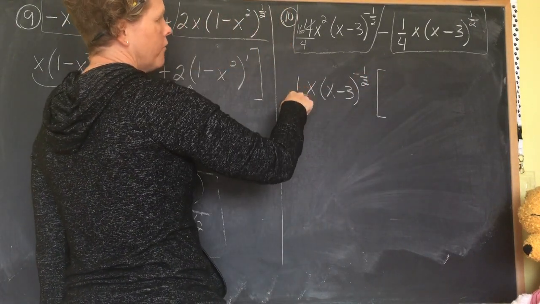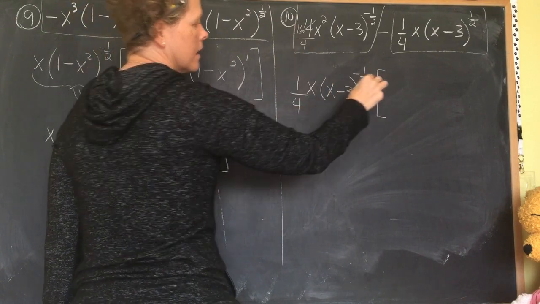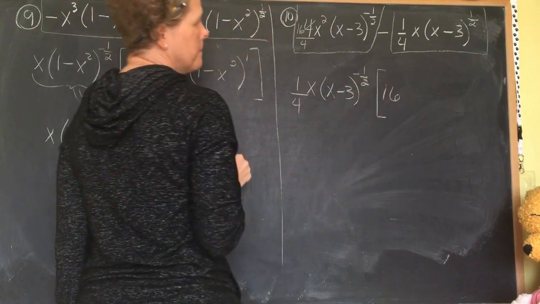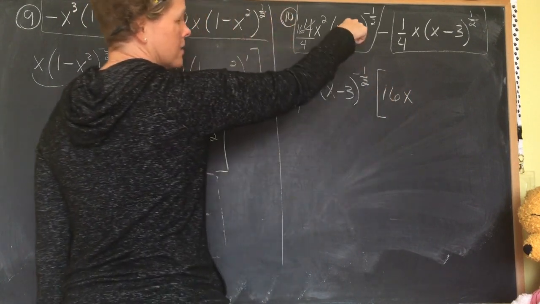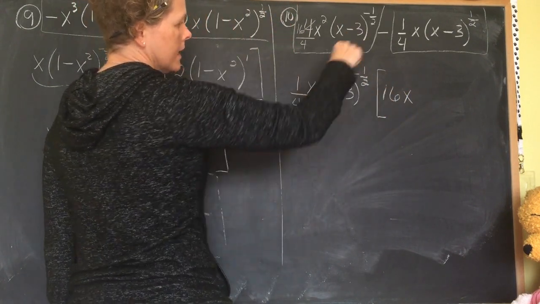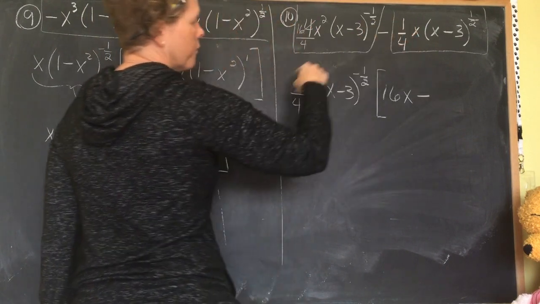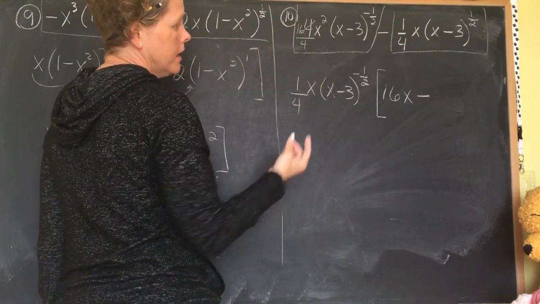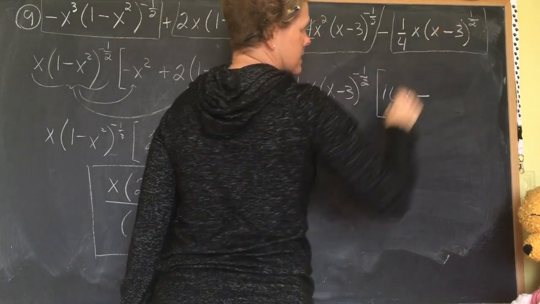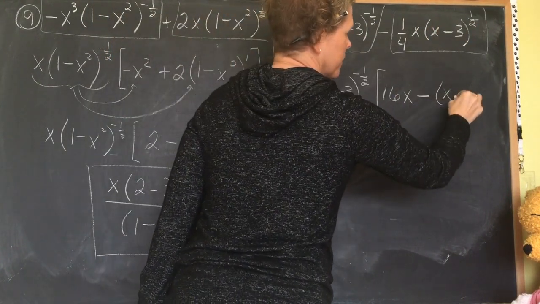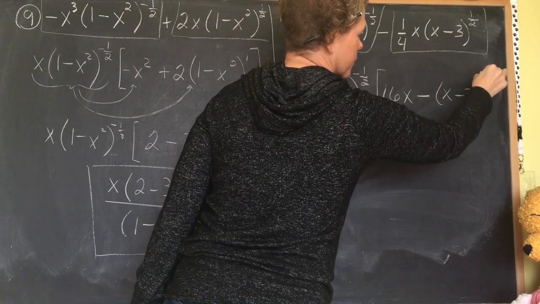Well, if I take a 1/4 out of a 16/4, I just have a 16. If I have an x out of x squared, I just have x. And then that term is gone. In that second part, the 1/4 is gone, the x is gone, and if I take out something to the negative 1/2, but I need it to be a positive 1/2, that's going to leave me with just x minus 3 to the first.